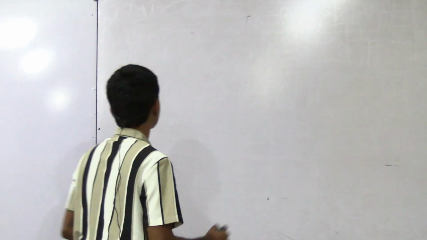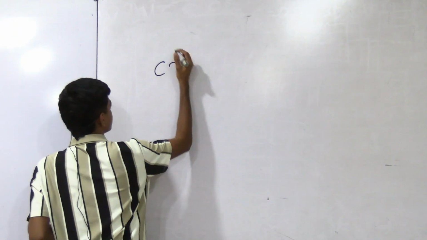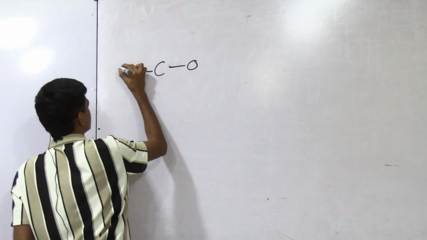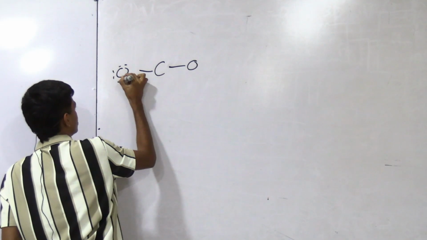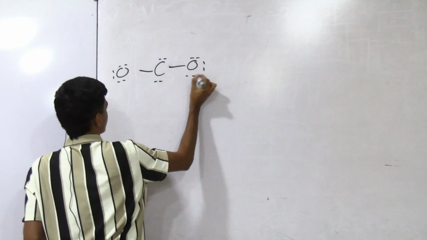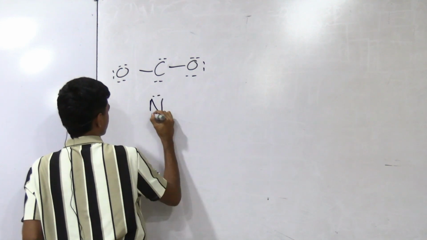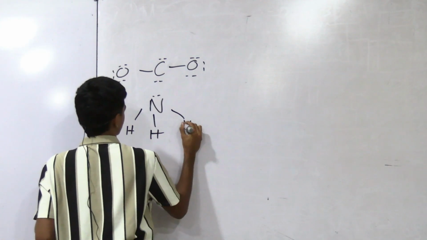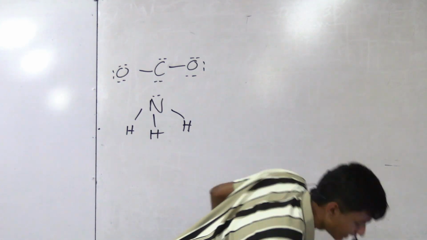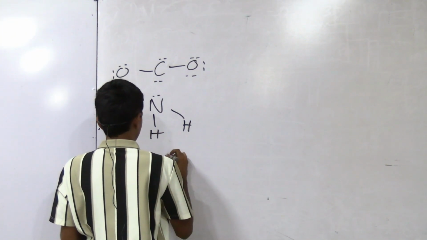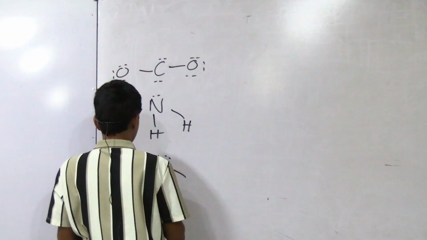Let me explain it. If we draw the carbon dioxide Lewis structure, we are gonna have something like this. When it comes to ammonia, something like this, and H2O, as you guys should know, is like this.